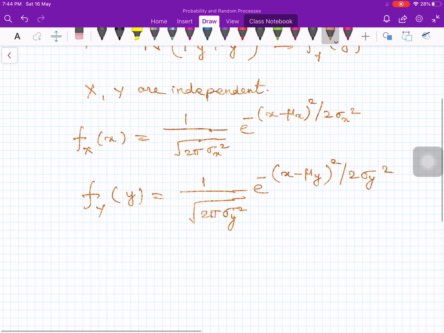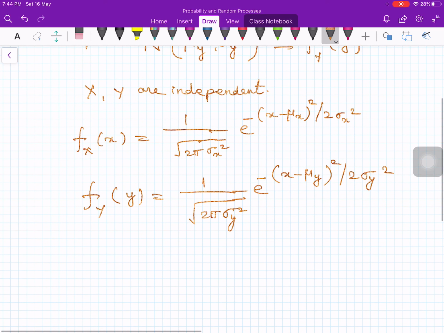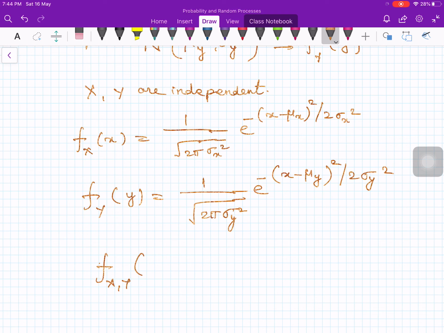Now the question is, how do you find the joint PDF? Since these are independent random variables, the joint PDF is the product of the marginal density functions, equal to fx of x times fy of y.